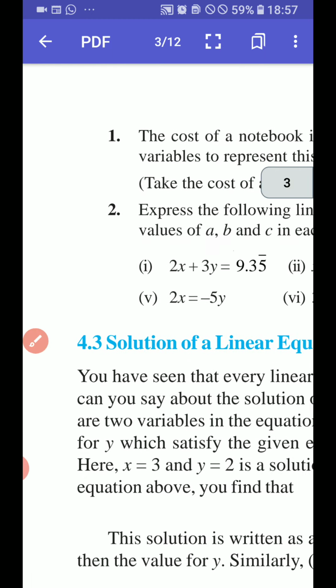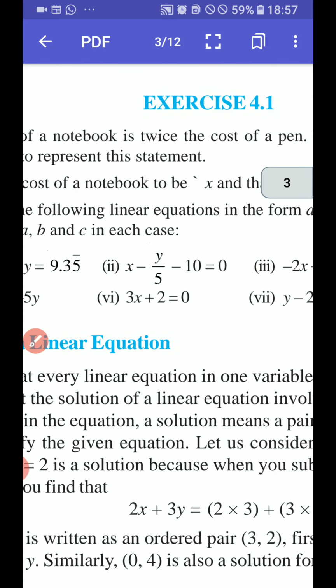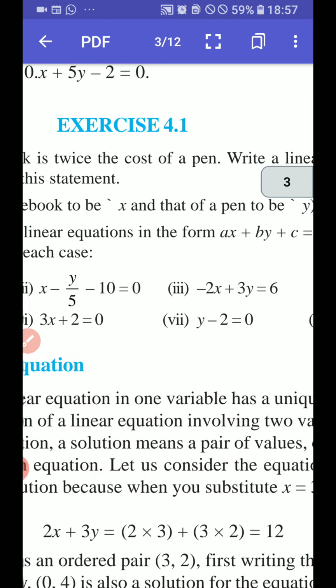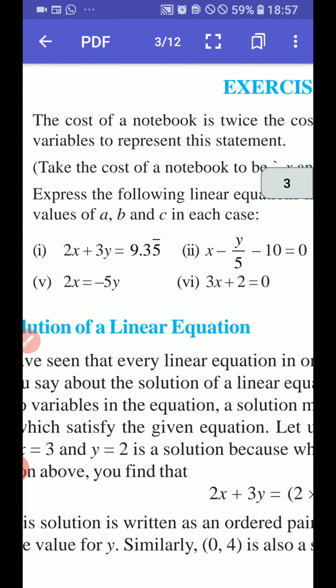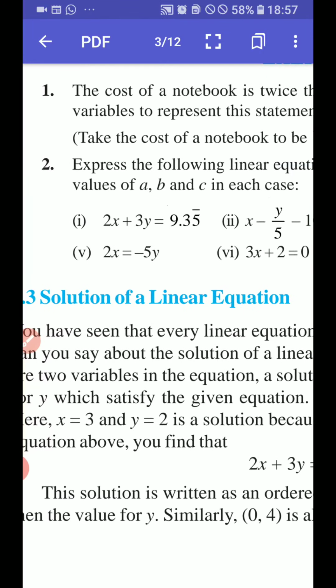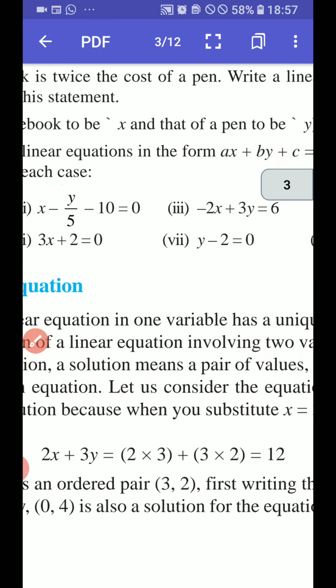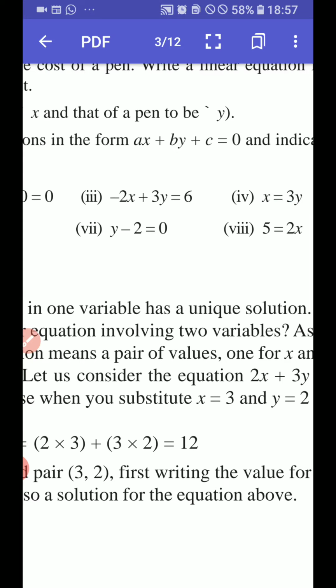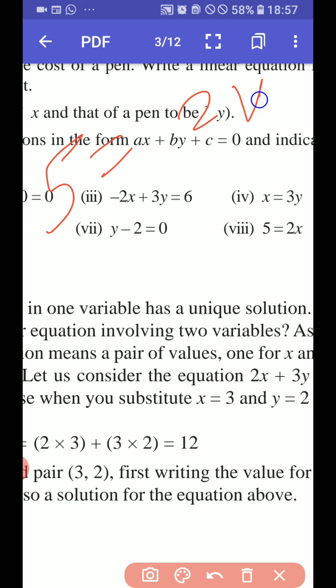Now come to the second question. Express the following linear equations in the form of ax plus by plus c equal to 0 and indicate the values of a, b and c in each case. I have already told you with the help of the example, let us see any one part. Let us suppose we want to solve the eighth part of question number 2, 5 equal to 2x, right?